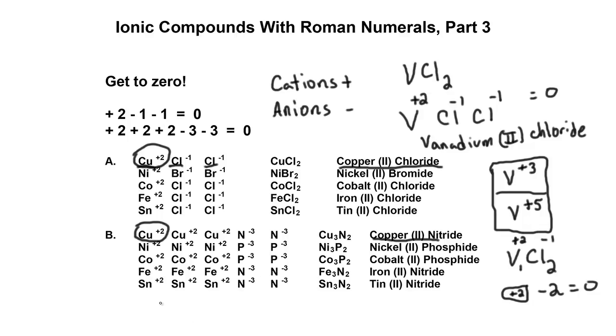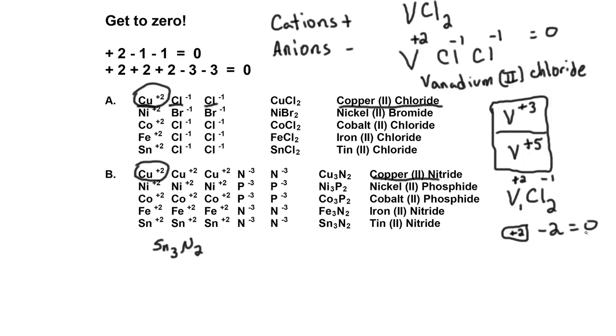See how this works? You just go through and you say, oh, well, Sn3N2. How in the world am I going to make sure that that is tin 2 nitride? You look up on the periodic table of ions, tin has more than 1 in the box. Nitride, there's two of them. Nitride is minus 3. Minus 3 times 2 is a negative 6.